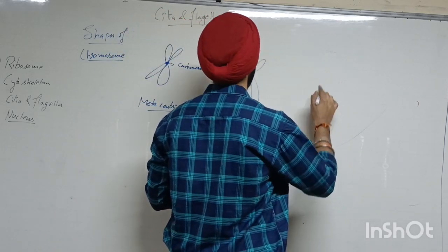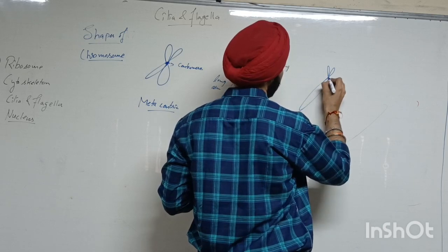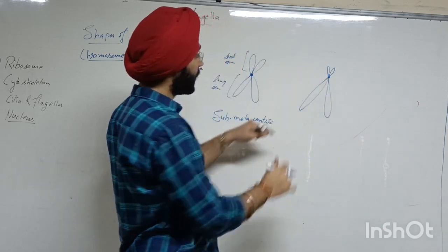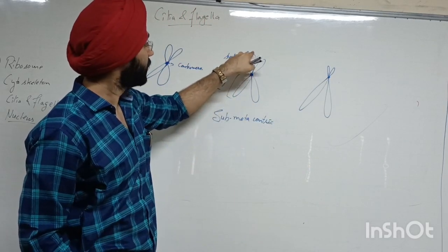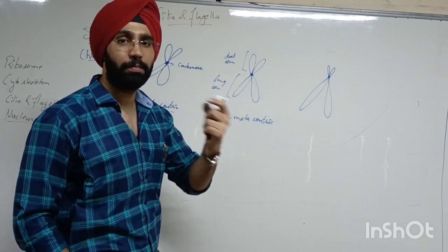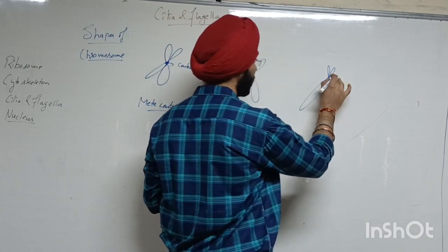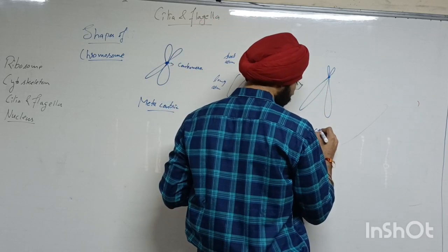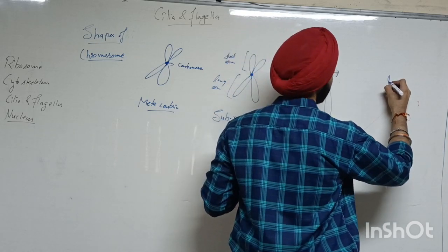Again, here we go. As you can see, the centromere position has changed, and as it goes closer to the terminal position, the name changes and the type of chromosome also changes. This type of centromere position and chromosome is known as acrocentric. The next one is like this.